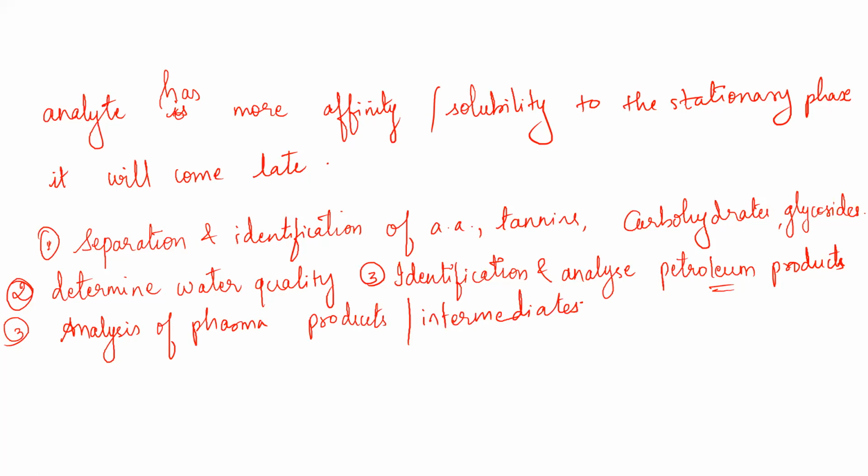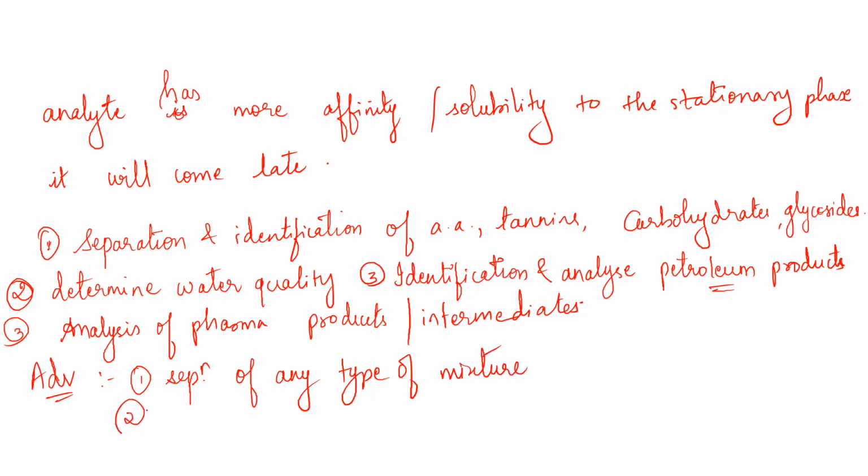Advantages are also there of partition chromatography. You can actually separate any type of mixture here. Advantages is separation can be achieved. Second advantage is that there is a wide range of mobile phase that you can choose.